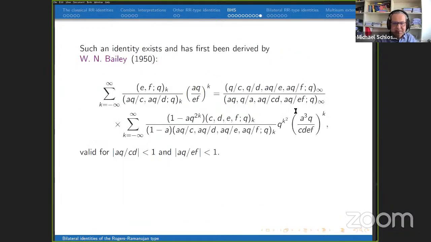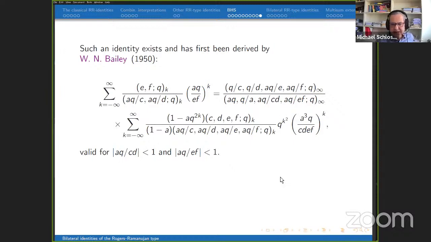And so instead of Watson's transformation, after taking limits we have what Bailey already obtained, a 2 psi 2 transformation, and here we have a 6 psi 8 on the right-hand side. Notice there is a quadratic power of Q already here.